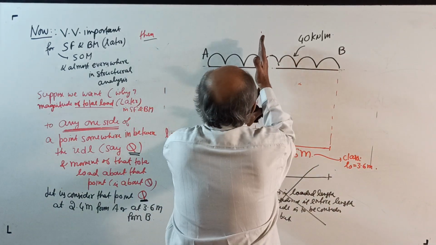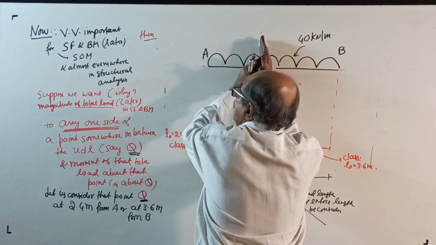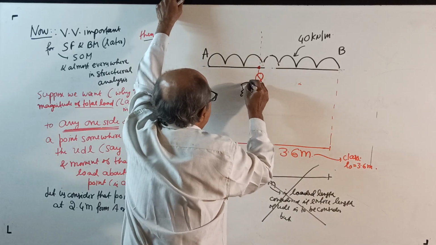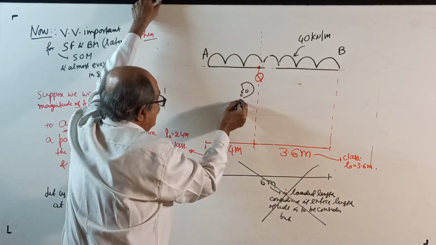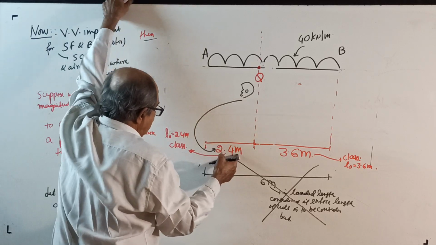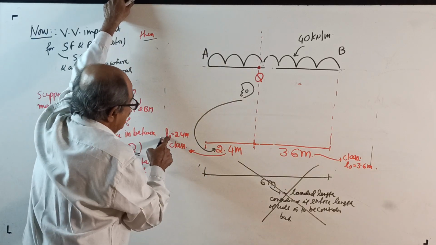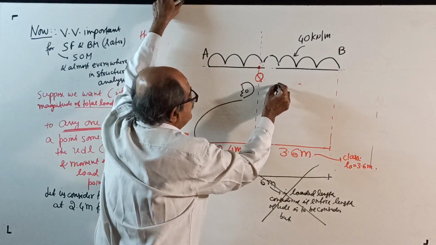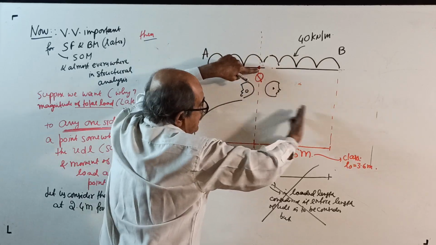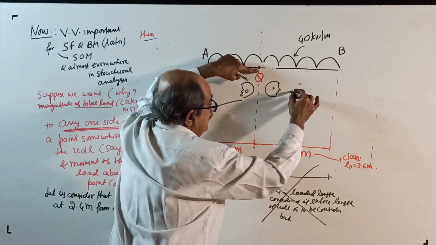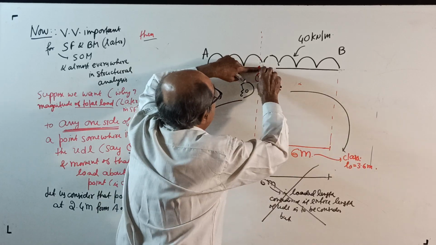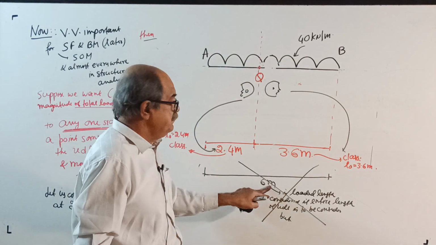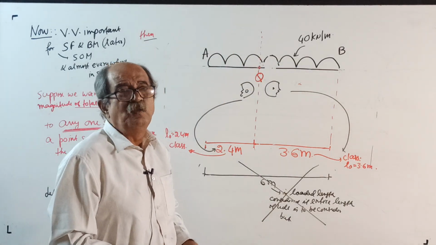So, suppose you decided to look at the left side, you write here, if you look left side, then this 2.4 meter is the loaded length considered. L0 is 2.4 meter. Or if you look right side from this point, then loaded length considered will be 3.6 meter. 6 meter vanishes now. 6 meter is no more valid.